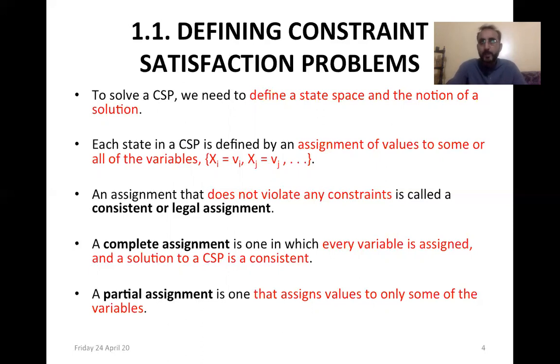State space means, for example, if you remember the example of Romania that we studied in chapter 3 on searching, during informed and uninformed searches, all the states in a space are called the state space.